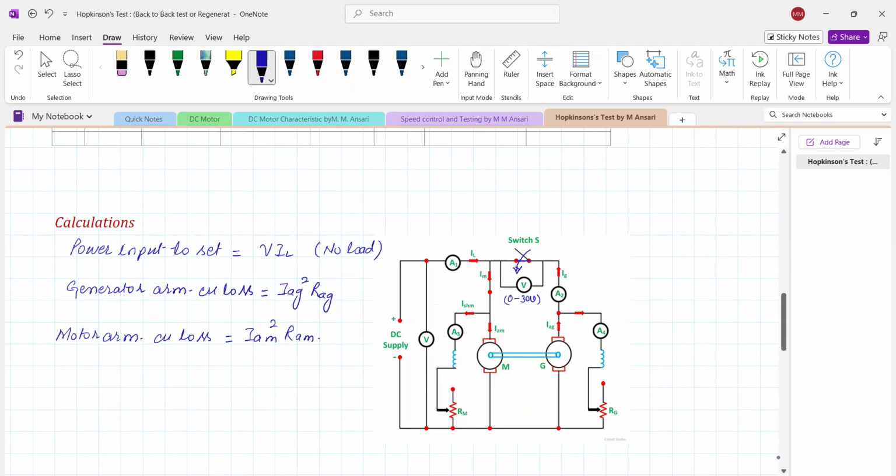If you subtract these two variable losses in the armature of the generator as well as the motor, we get the total stray loss, that is iron, frictional and windage loss in both the machines.